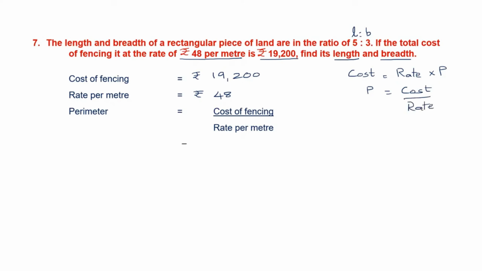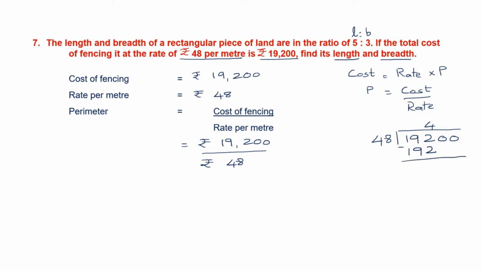So, now the cost of fencing given to us is 19,200 rupees, and the rate per meter is 48 rupees. So that means we have to divide 19,200 by 48. So let's do that division. 19,200 divided by 48. Now 48 into 4. 4 8s are 32, carry 3, 4 4s are 16, 17, 18, 19.